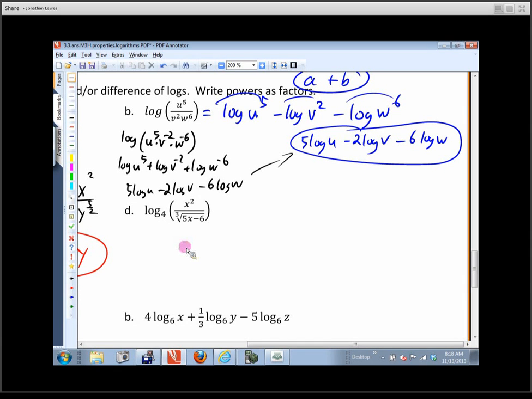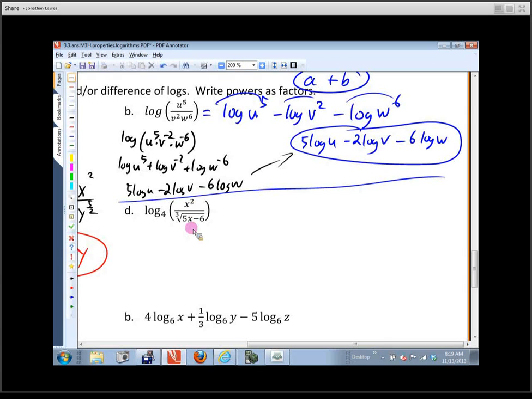I'm going to give you a little bit of a head start. We want to write this as a sum or difference of logs. So I want to rewrite this one right here as a sum or difference of logs. We want to write it as a couple different logarithms. Anything in the numerator is going to have a positive in front of it. Anything in the denominator is going to have a negative in front of it.